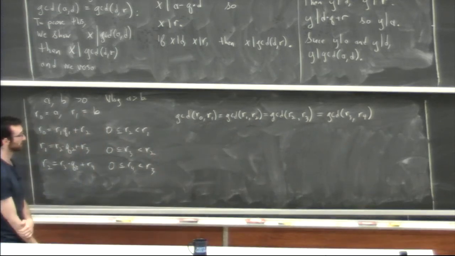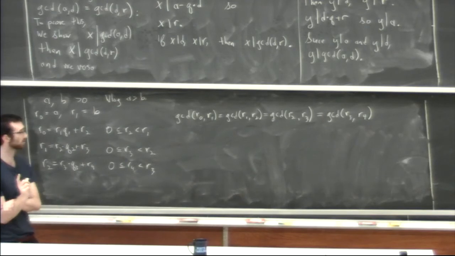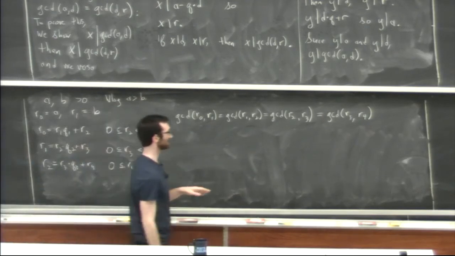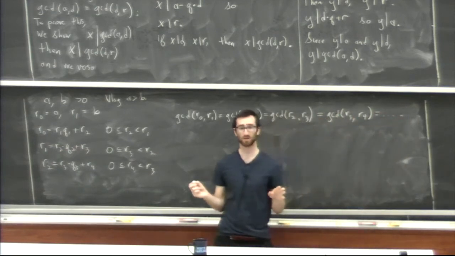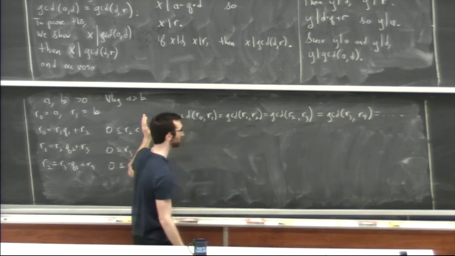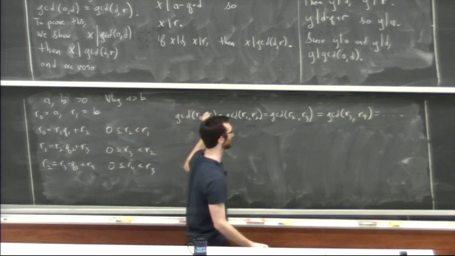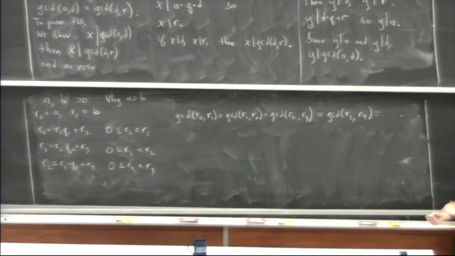Okay. The first thing to note is the following. It looks like this set of equalities could continue forever. That is, it looks like I could maybe potentially find an infinite number of R's such that this process would never stop.